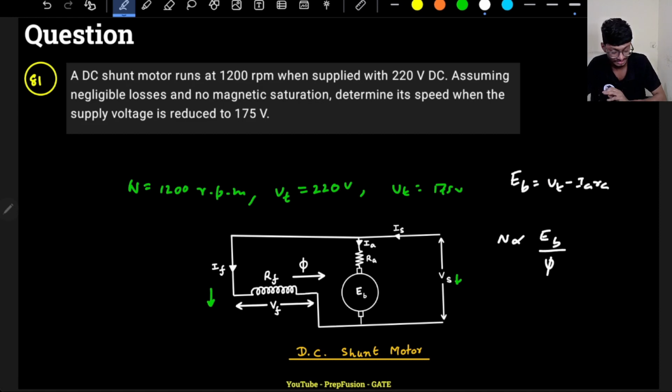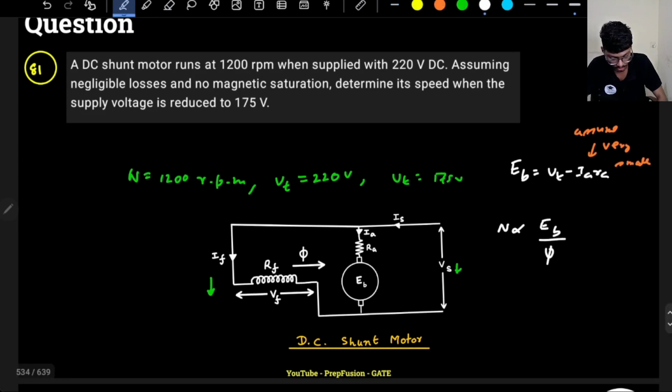Here they have not mentioned anything about the load, so unfortunately I have to neglect this and assume it to be very small, because they have not mentioned anything about the load and the armature resistance. So roughly, EB will be proportional to Vt.